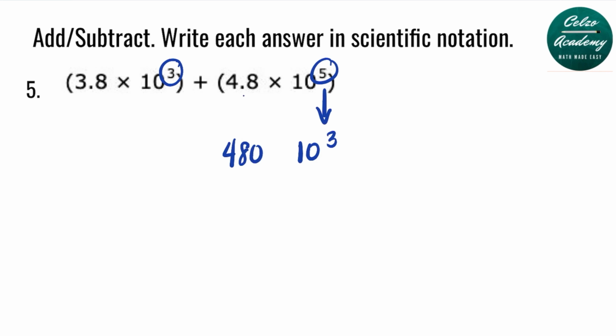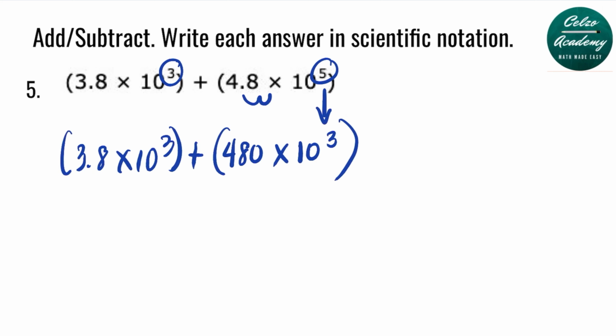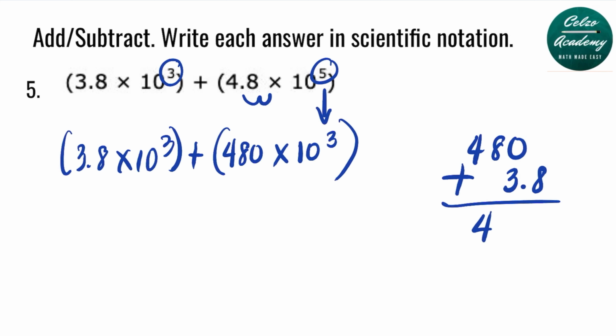We need to move 2 places to the right. So the second term is the same thing as 480 times 10 to the third. And the first is 3.8 times 10 to the third. So now they have the same exponent. Since they now have the same exponent, we are now ready to add 480 and 3.8. So the answer is 483.8.